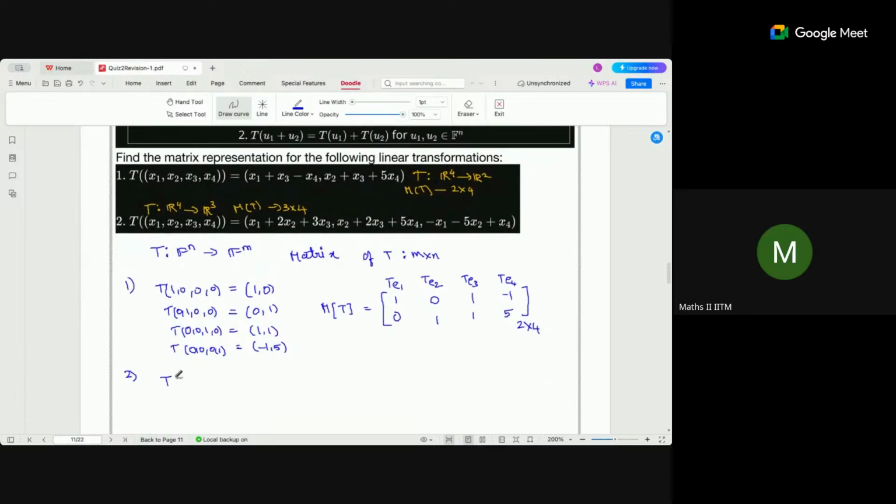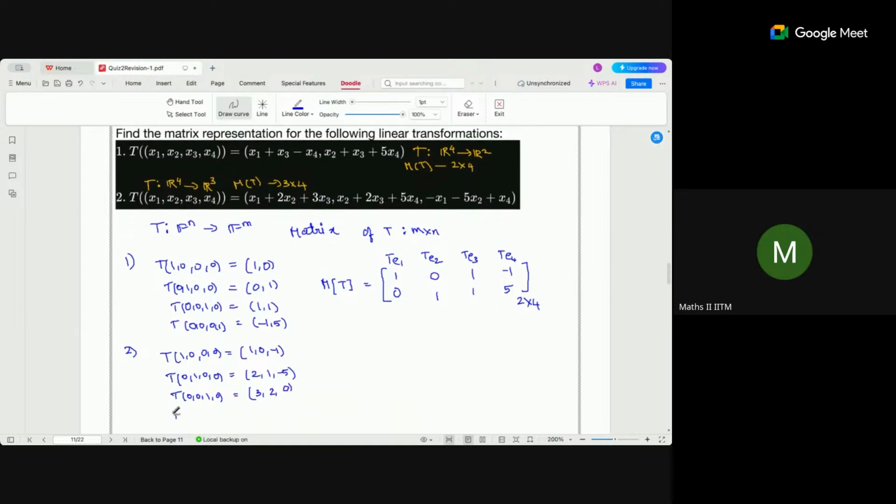What is T of 1, 0, 0, 0? 1, 0, -1. T of 0, 1, 0, 0 is 2, 1, -5. What is T of 0, 0, 1, 0? 3, 2, 0.